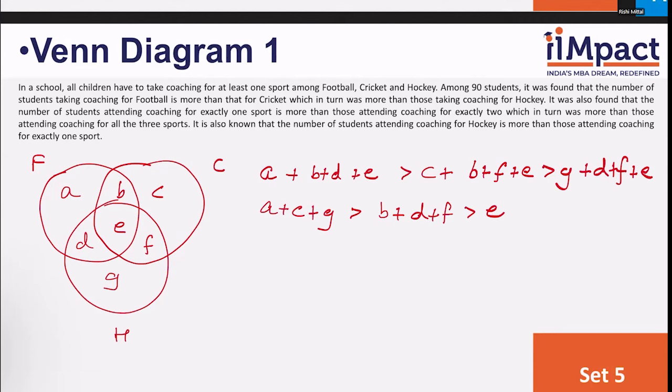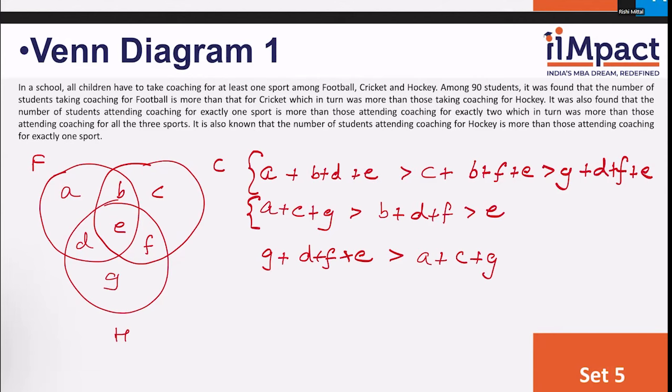It is also known that the number of students attending coaching for hockey, G plus D plus F plus E, is greater than those attending coaching for exactly one sport, which is A plus C plus G. So essentially this whole inequality is greater than this whole inequality. So it's just one large inequality.